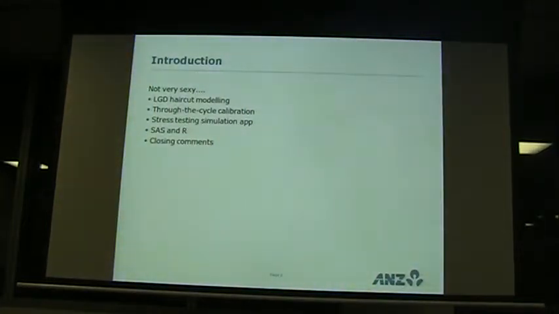SAS is good for production type jobs, data warehousing, data management, those kinds of things. But when you want to do interactive data analysis, when you want to fit a model that isn't exactly what PROC REG will do, it's a lot faster and a lot easier to do it in R than to battle with the SAS macro language or proc handling or anything like that. So does that answer the question? That's good.